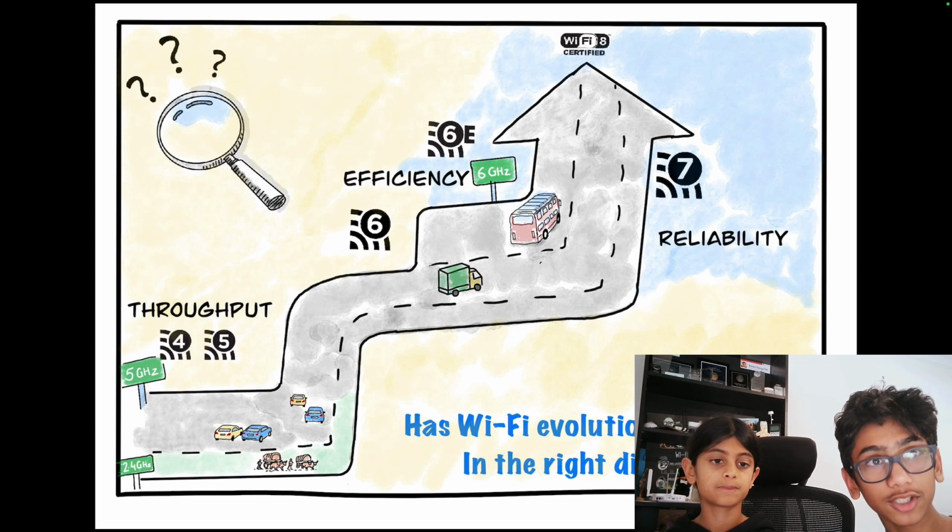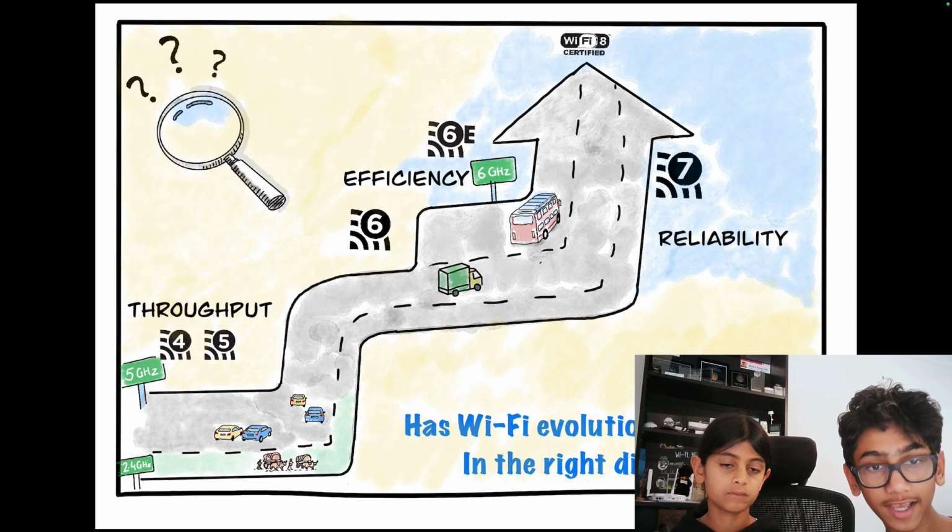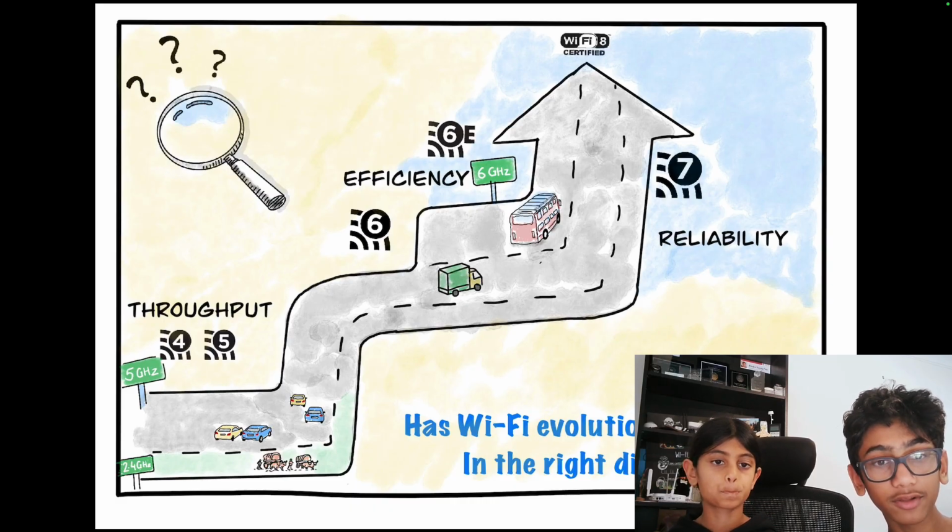Okay? So Wi-Fi's goal at the time was to increase the speed that the cart could go. So to do that, they made a wider road, which was 5 gigahertz. And they made the road wider and introduced cars, which could hold 2 boxes at a time. Just think of it like that.